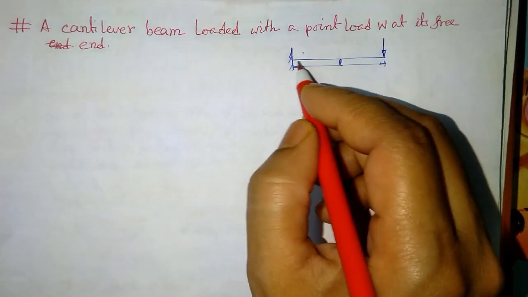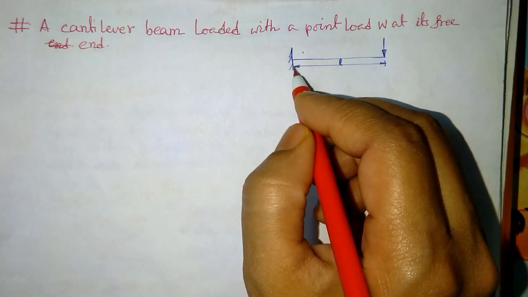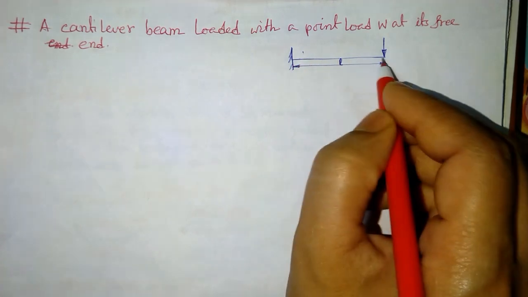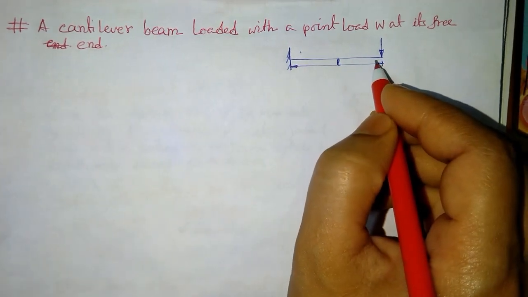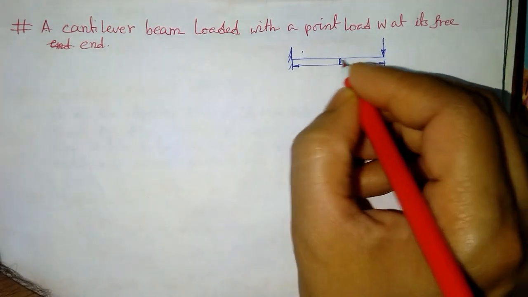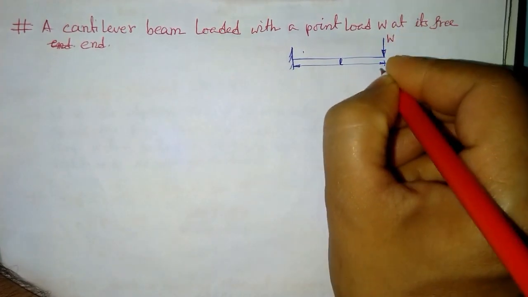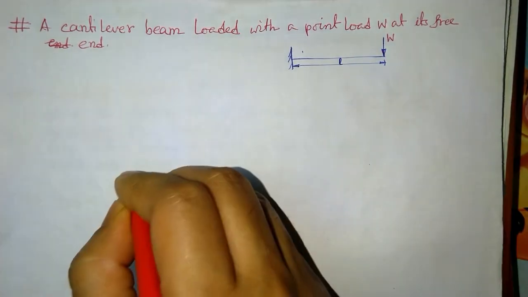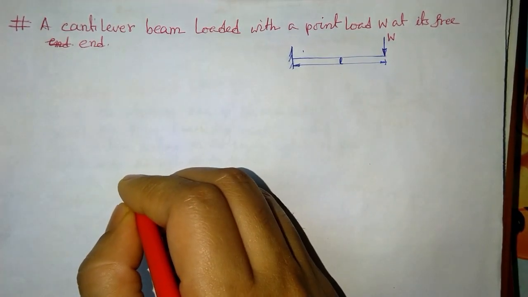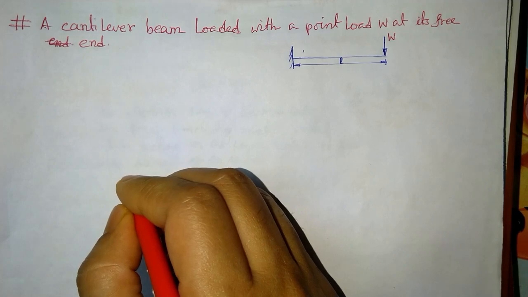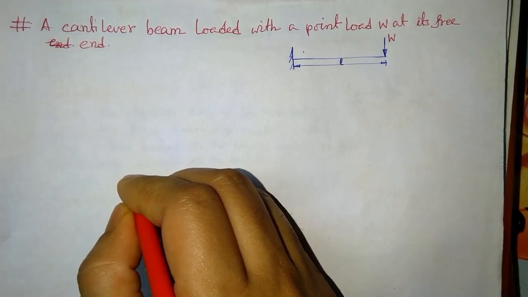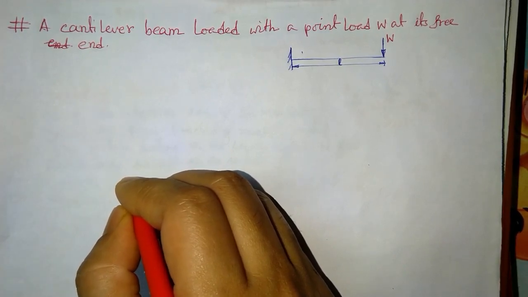Already we have discussed that in a cantilever beam one end is fixed and the other end is free. So here the load W is acting at the free end. This is the situation, and in this condition we have to find the shear force and bending moment diagram.